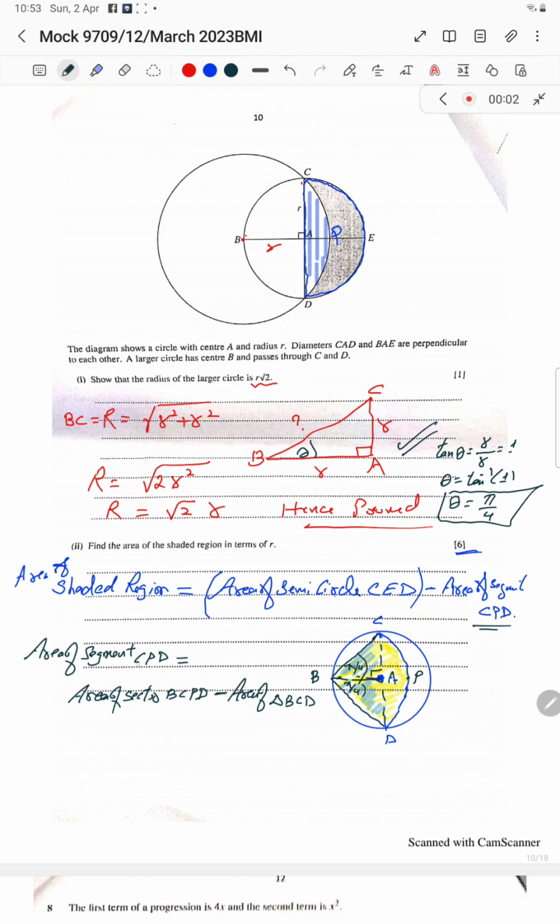So we can get the area of the sector. I hope this concept is clear to you all. Okay, let's proceed to how to find it.